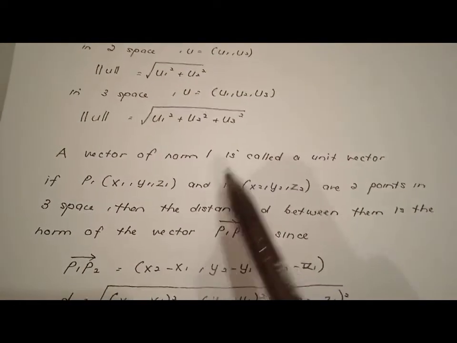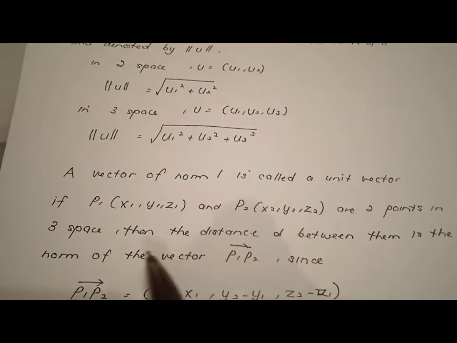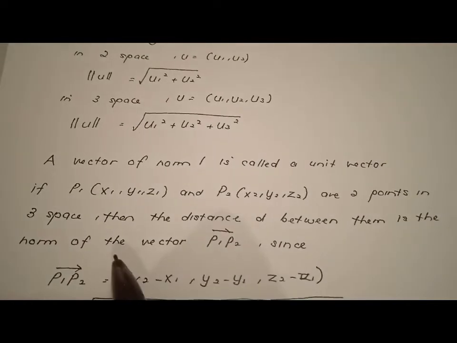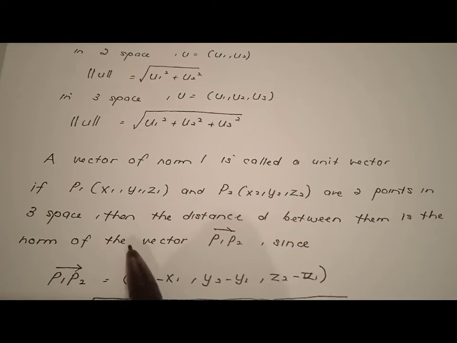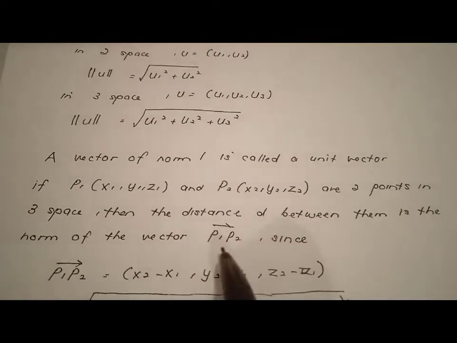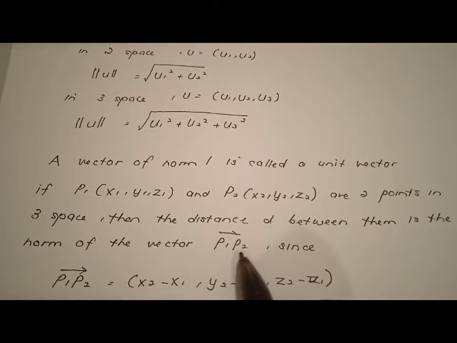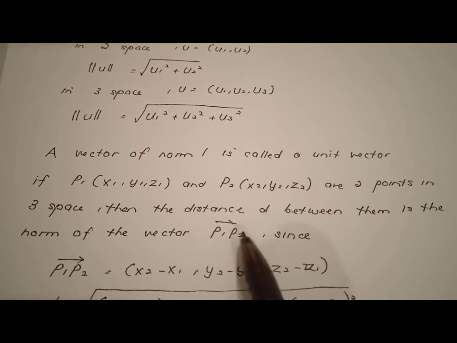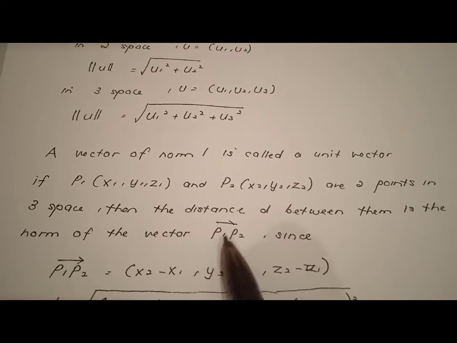Okay, a vector of norm 1 is called a unit vector. If p1 and p2 are two points in 3-space, then the distance d between them is the norm of the vector p1 p2. We learned earlier that the components of p1 p2 are given by the components of p2 minus the components of p1, terminal minus initial.